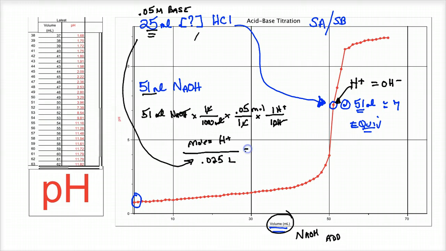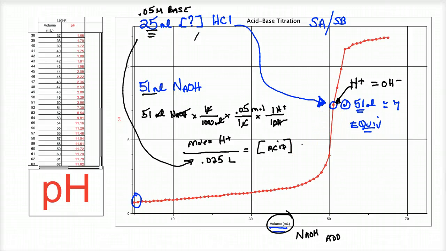And this, my friends, will give me the concentration of the acid that I started with. One of the points of a titration is to figure out the concentration of your unknown acid. This method is a little different than what you did last year, although we could use the same method.